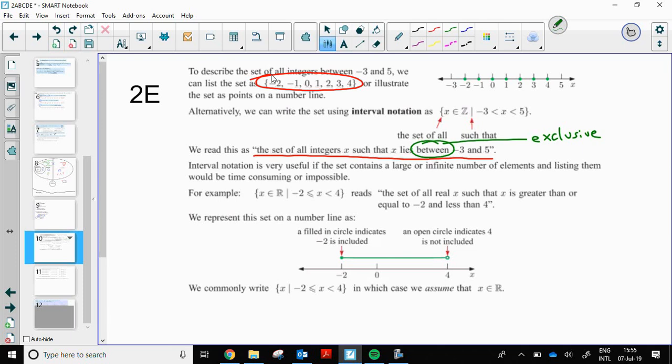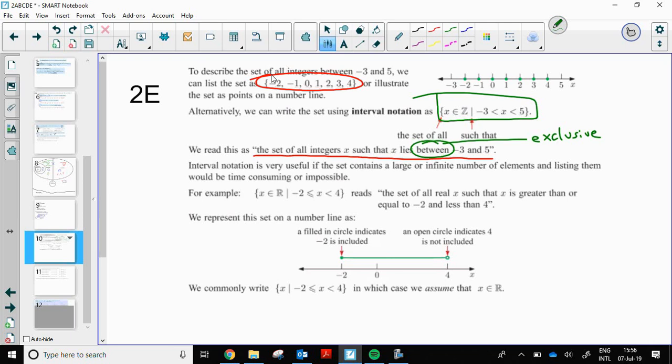So the way that we'd write it out in symbols is right here. So we start off by noting that x is going to be an integer, and then we draw a little vertical line, which is understood to be such that, and then we have x is in between -3 and 5, and we're using less than symbols rather than less than or equal to indicate that -3 and 5 are not included.